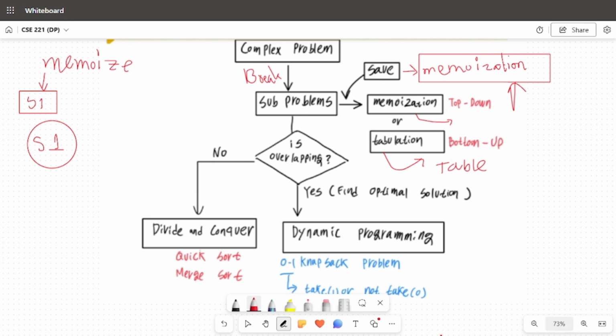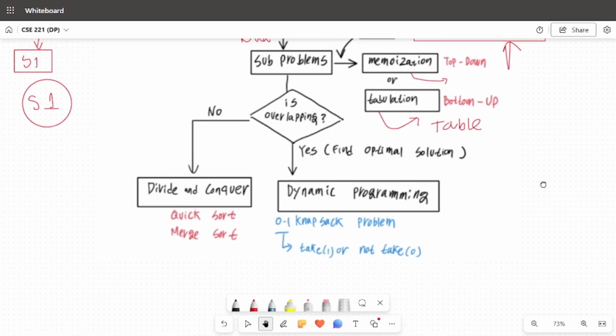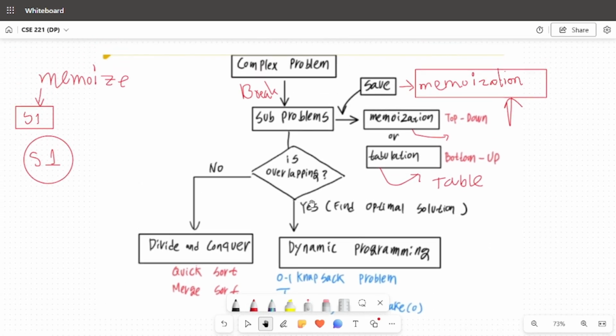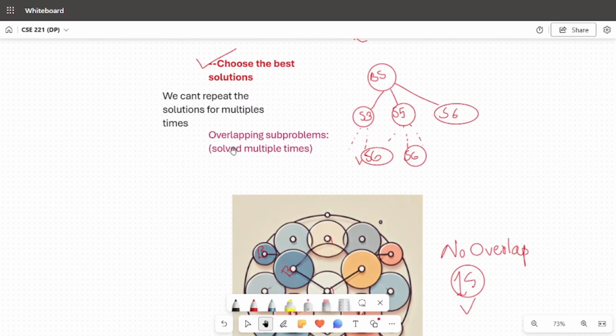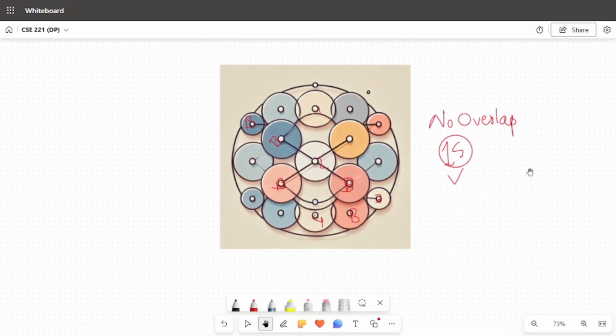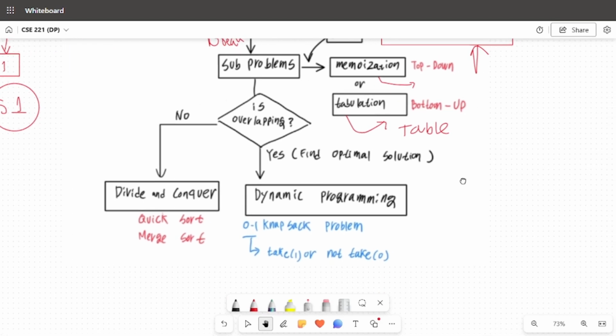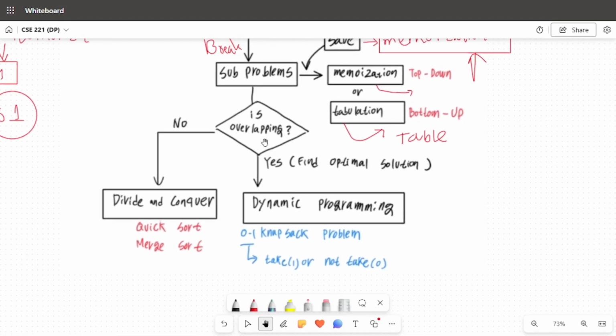Okay, now let's hop into the next one. So you can see, is there overlapping, yes or no? We have already discussed that we cannot solve multiple times, or there cannot be overlapping subproblems, right? If you found overlapping, then you have to find the optimal solution.